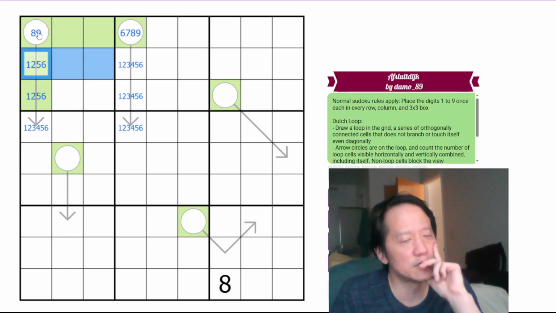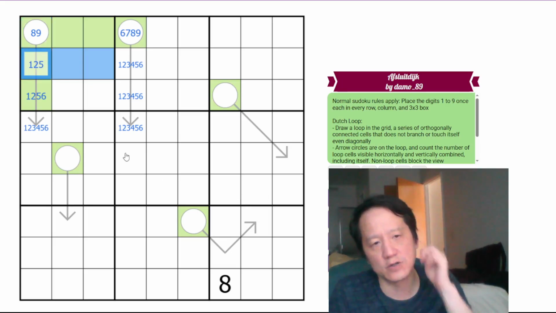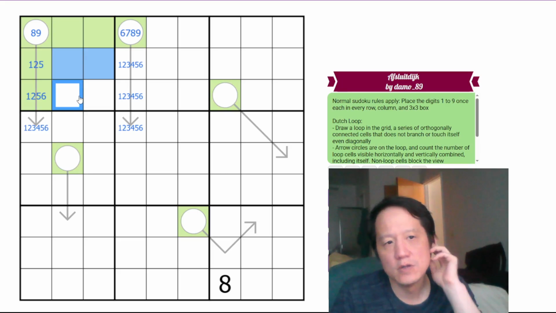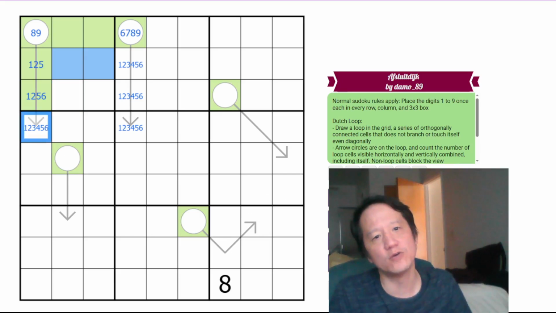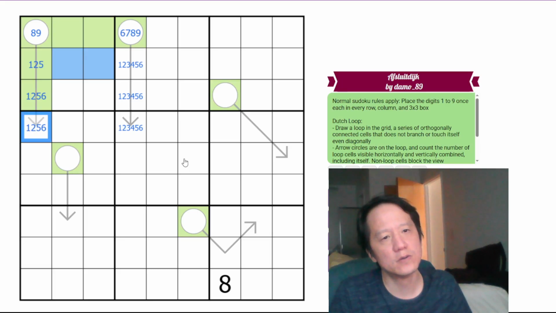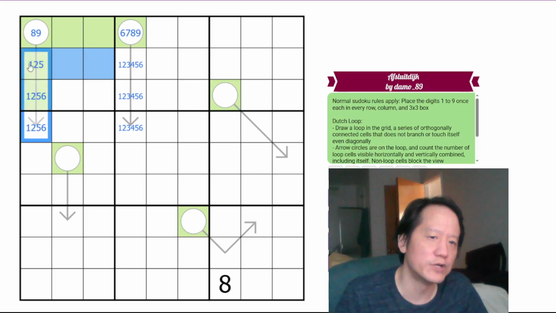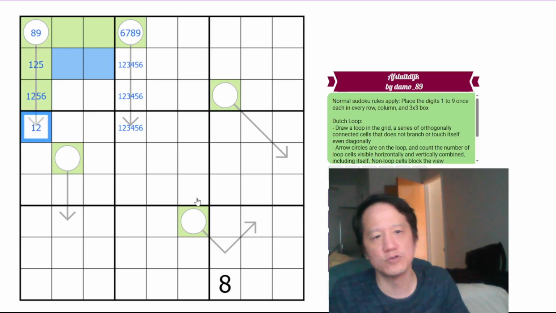This digit has to be 4 or more away from 8 or 9. So this cannot be 6 here. This can never be 3 or 4. We know it has to have 1 and 2 with 5 or 1 and 2 with 6. So this is 1 or 2 here.